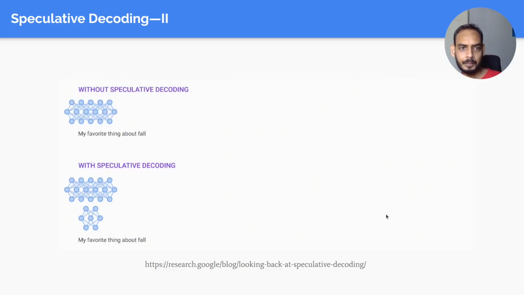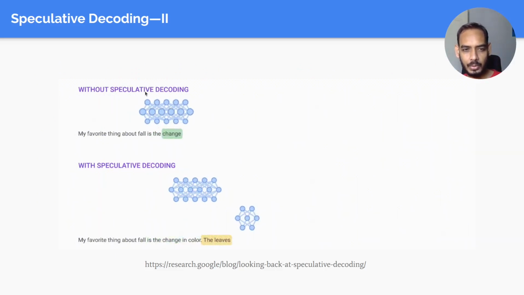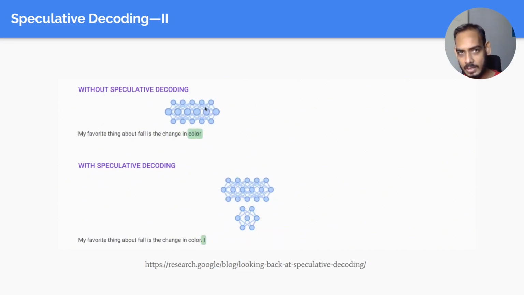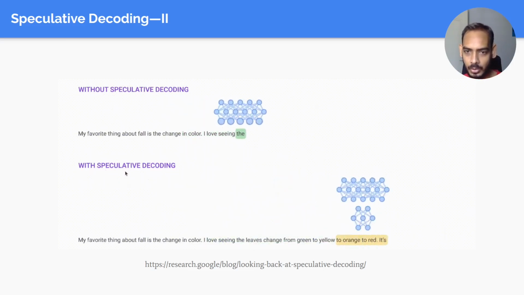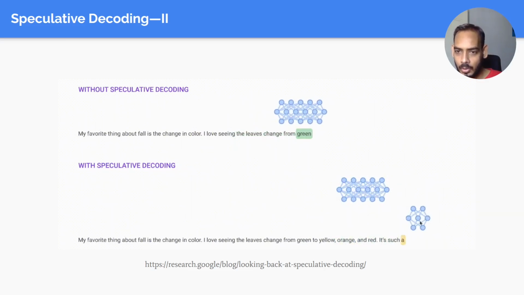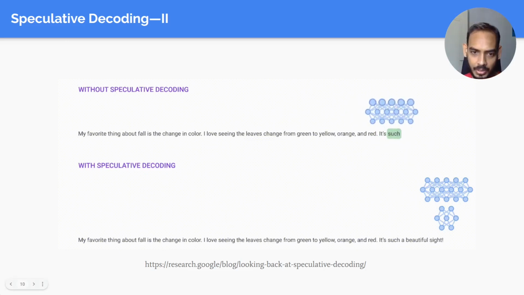So let's understand. Without speculative decoding, we have one large language model which generates one token at a time. With speculative decoding, you have a draft model and a large model. The small model tries to generate a set of tokens, and the large model verifies whether the generated tokens are good or not. If not, it redoes the task and generates the token, which I'll show here again.